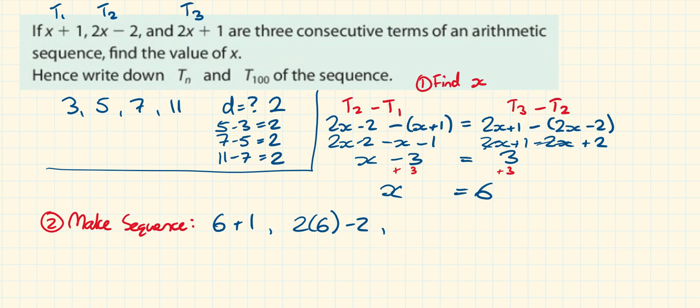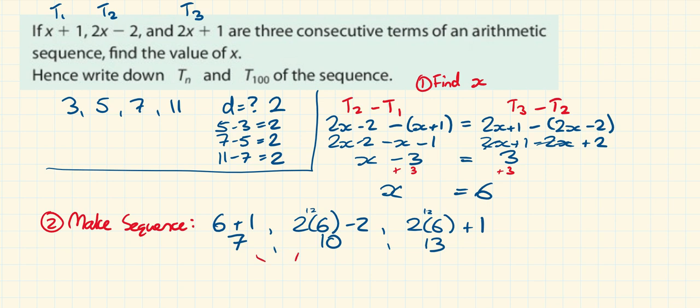And our third term is 2 by 6 plus 1. Okay, now we just simply multiply out that algebra, and hopefully this will be right. We've got 7, we've got 2 by 6 is 12 minus 2, we've got 10, and we've got 12 plus 1 is 13.